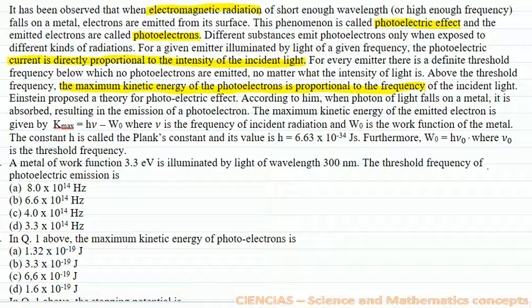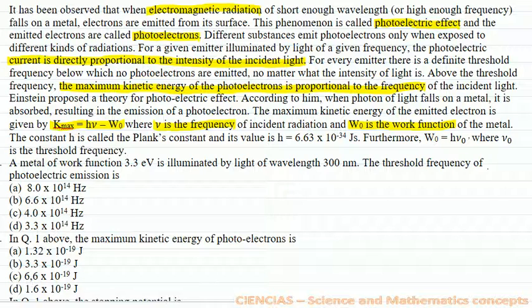Einstein proposed a theory for the photoelectric effect. According to him, when a photon of light falls on a metal, it is absorbed, resulting in the emission of a photoelectron. The maximum kinetic energy of the emitted electron is given by K max = h nu - W0, where nu is the frequency of incident radiation and W0 is the work function of the metal.